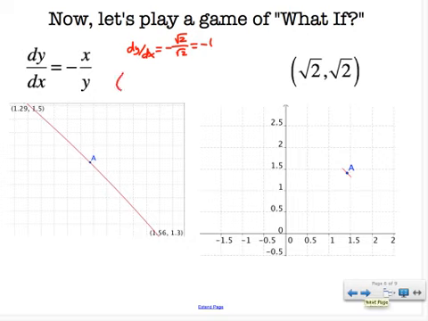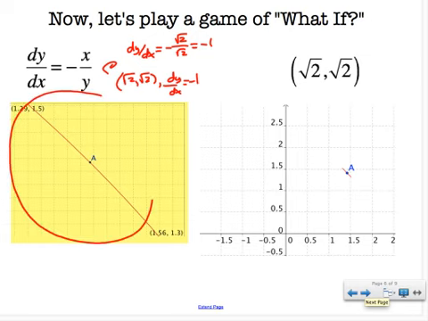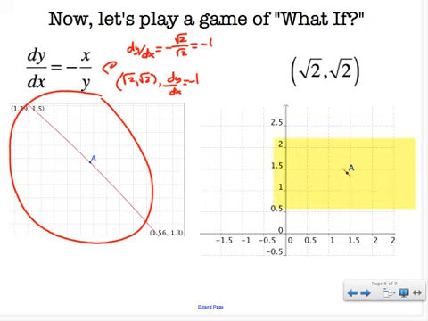So at the point (square root of 2, square root of 2), I know that the slope of the curve is going to be equal to negative 1. What that means is when I zoom in on that point, I should see a line that has a slope of negative 1. And when I zoom back out, my portion of the curve would look like a line with a slope of negative 1, which is what I see here. Again, that's not a lot of information, but it's something.